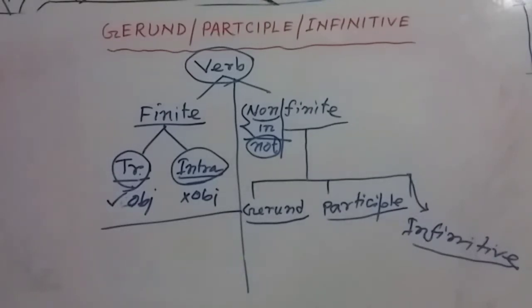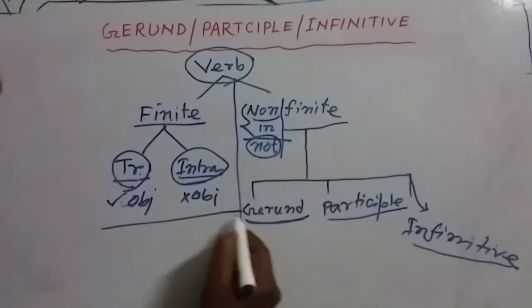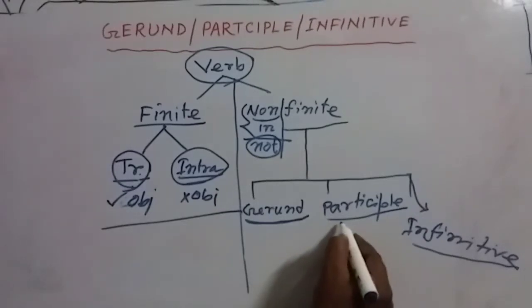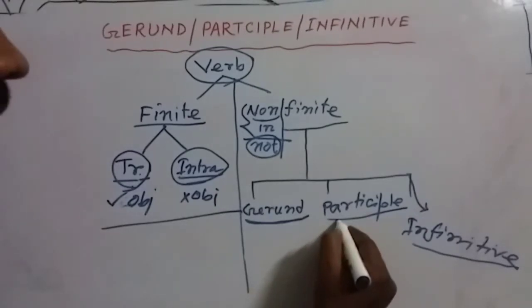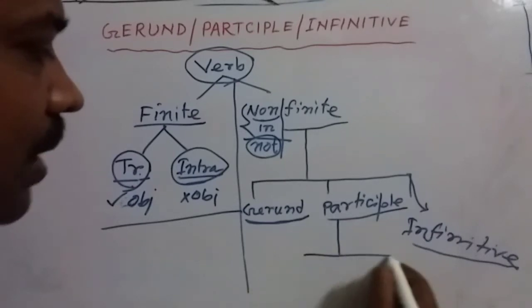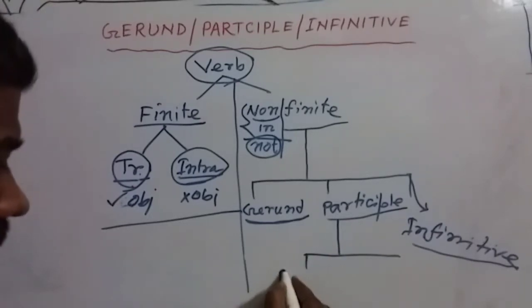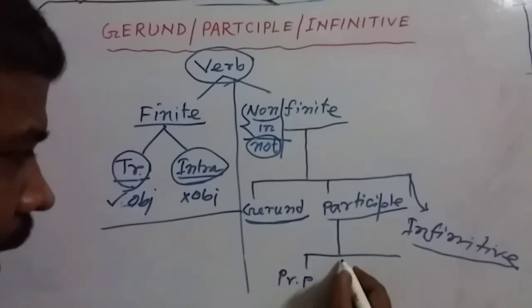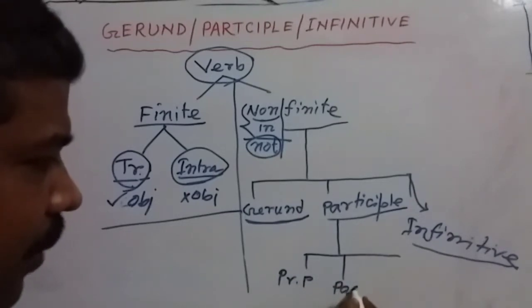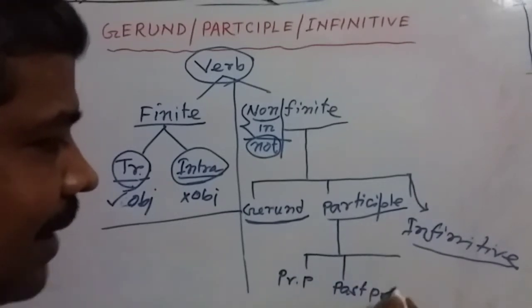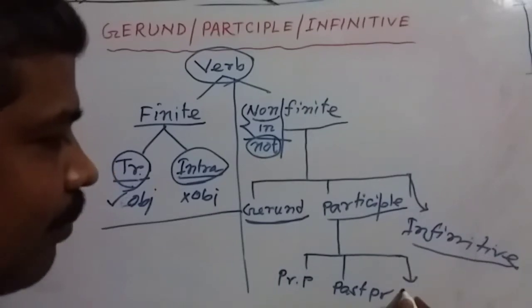Now my dear friends, gerund is single, and participle is also subdivided into three parts. One is called present participle, another one is called past participle, and the third one is called perfect participle.